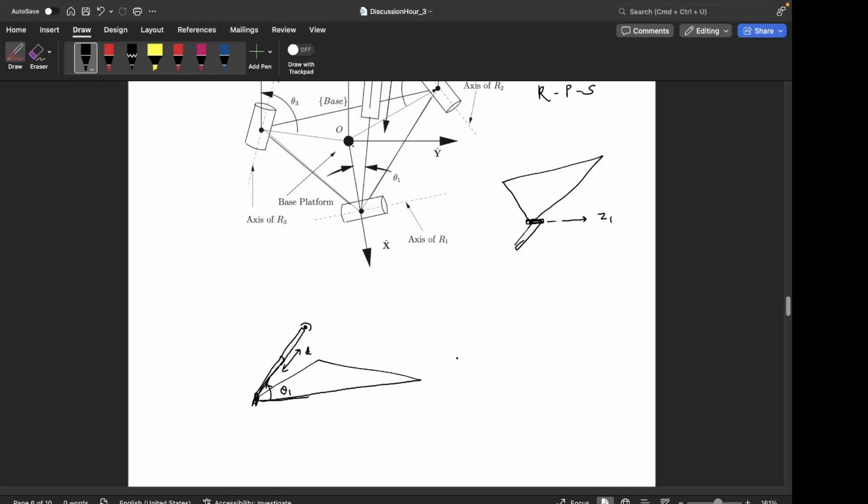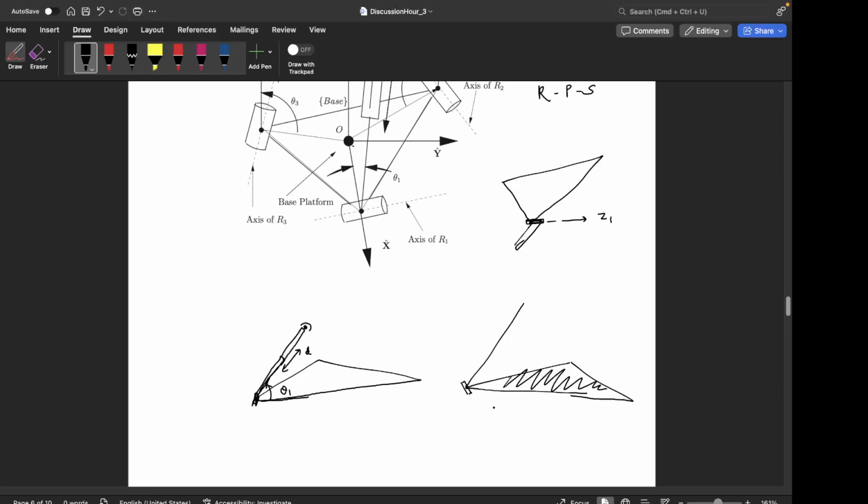So let's first focus just on that. Here is the hinge, and here is the base.